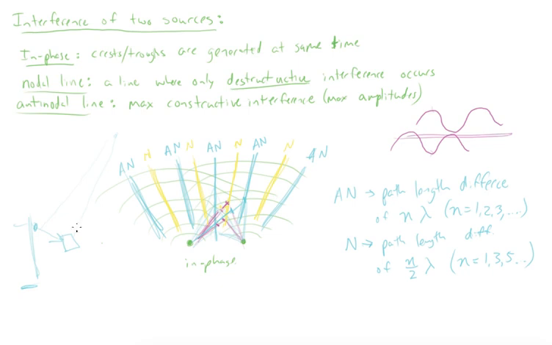And what can happen is you could end up where there's a path length difference of one of these half integer versions of this, and you would be on one of these nodal lines, and it would make your radio cut out. But if you pull up just a little bit, a couple feet, then your radio comes back in because you get off of that nodal line and you're back to where you have more constructive interference, and you can get your signal back.